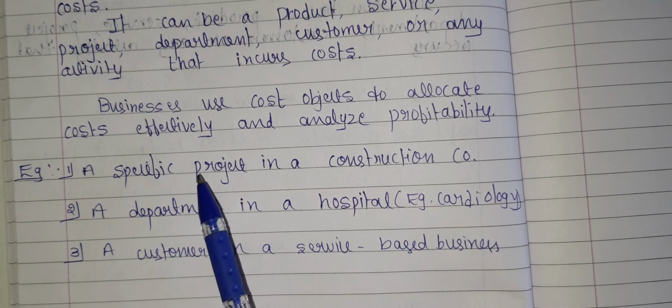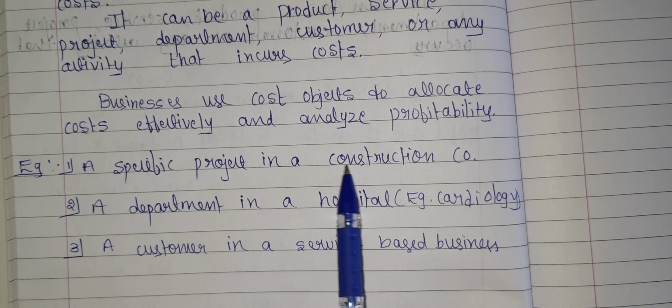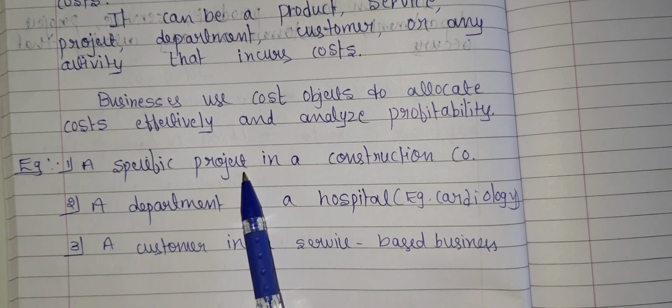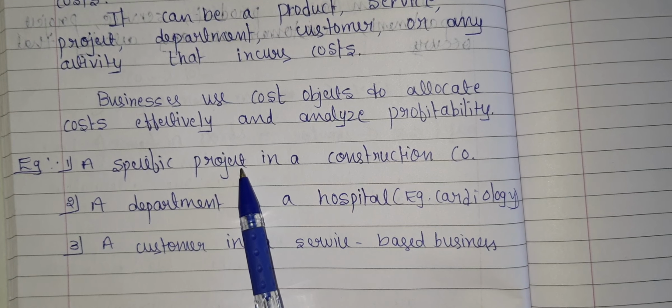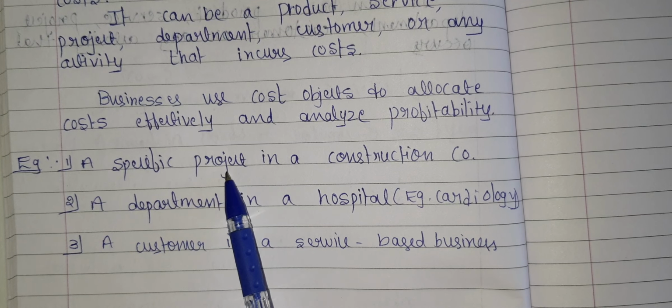A specific project in a construction company. For this project, the company wants to measure and track the costs, so this specific project is a cost object.